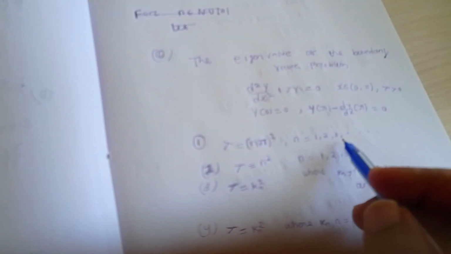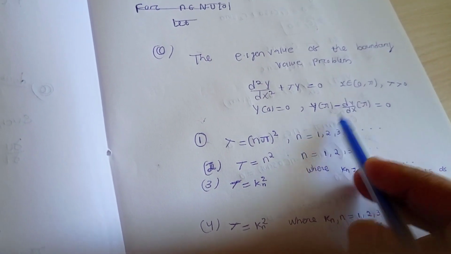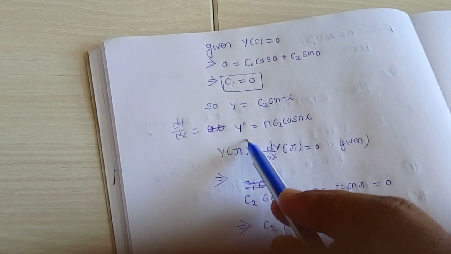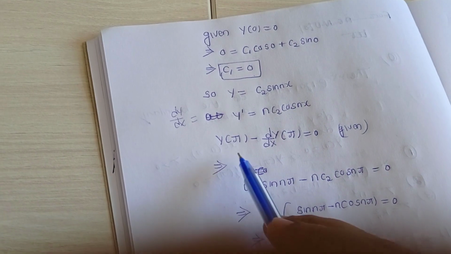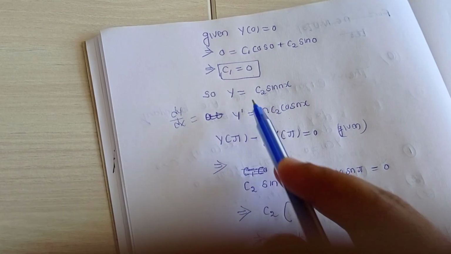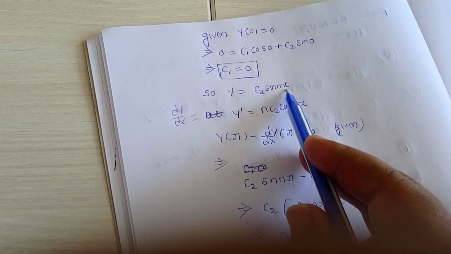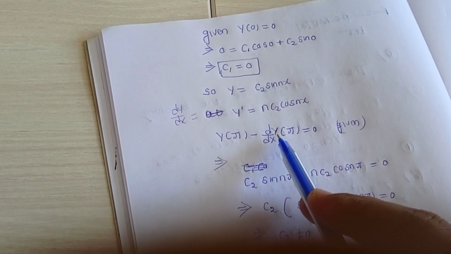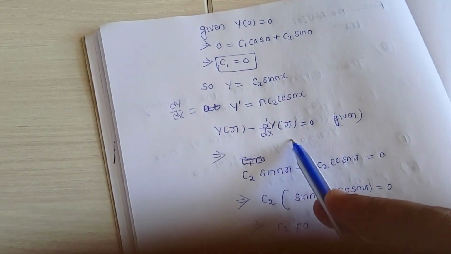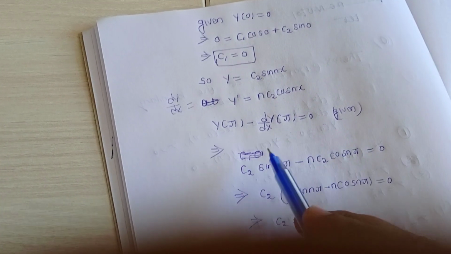And in the question it is already given that y of pi minus dy by dx of pi equal to 0. We just put the value here, so we put x equal to pi in place of x, so y of pi is c2 sin n pi minus dy by dx of pi, that is n c2 cos n pi, equal to 0.